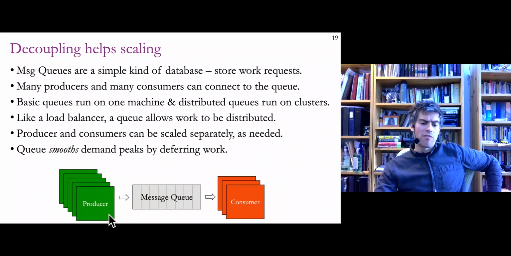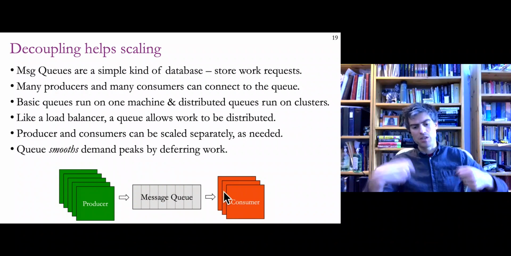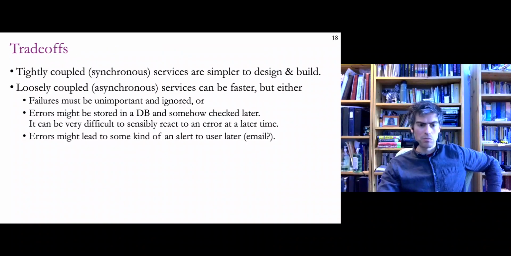Like a database, you can have many producers connected to the queue, and you can have many consumers connected to the queue, right? And these consumers, for example, should be stateless so that any one of them can handle the messages, just like a bunch of app servers behind a load balancer. Okay, so this message queue acts like a load balancer in the sense that it allows work that's stored in the queue to be distributed among a bunch of different consumers that are taking turns getting messages off the queue.